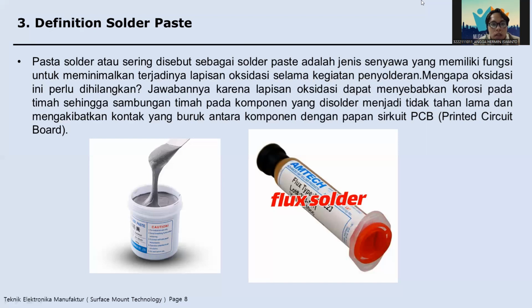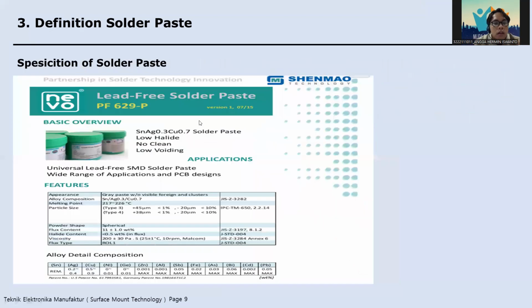Next. This is an example of a material datasheet for solder paste. It's from Senmao Technology, a lead-free solder paste. What is contained in the material datasheet?